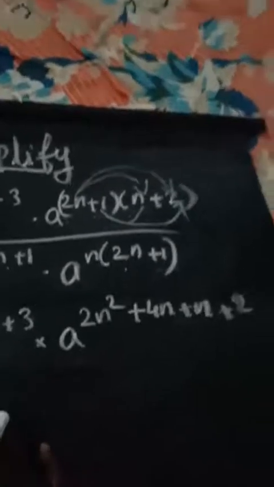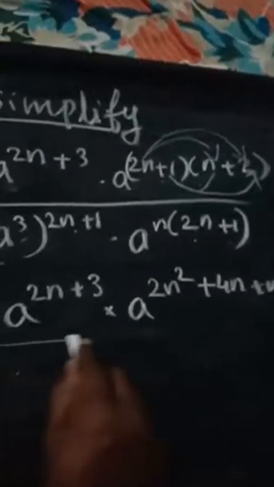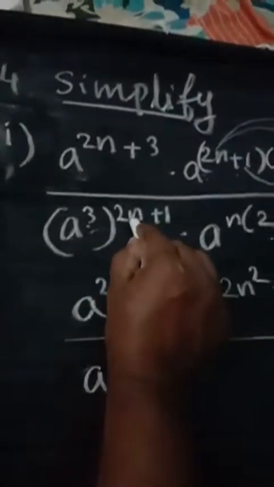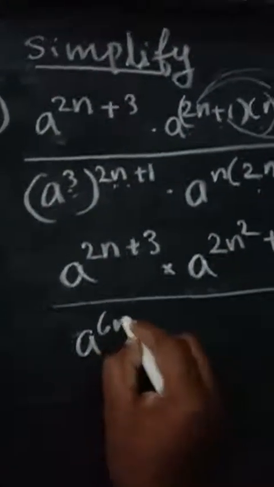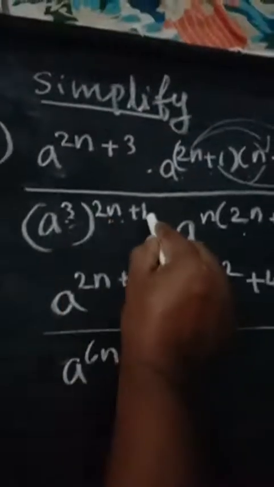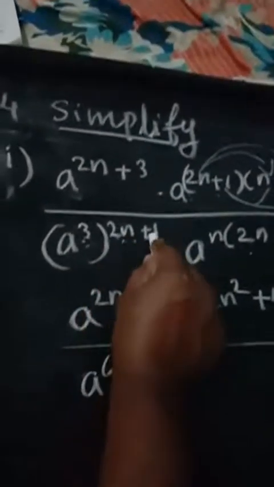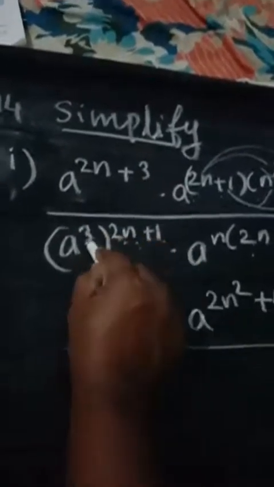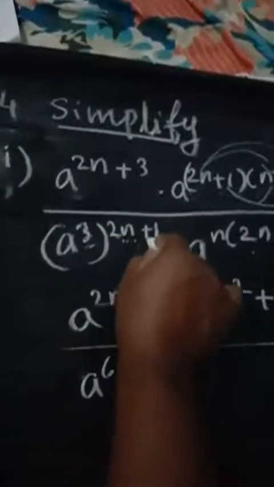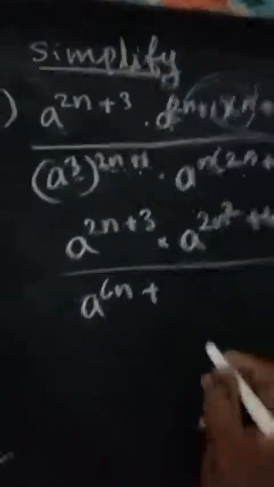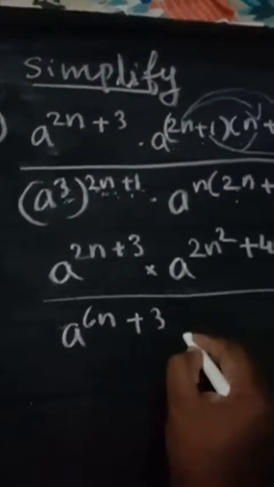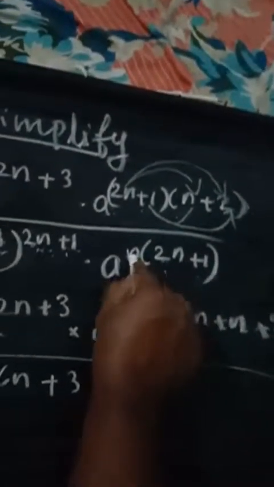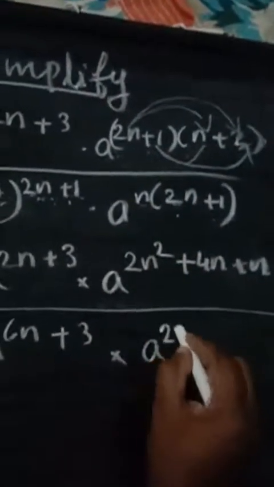Okay. Divided by a raised to 3 into 2n plus 1, that is 6n plus 3 into 1. This 2n plus 1 is the whole for both, 3 into 2n, 3 into 1. Okay, so 3 into 1, and a raised to n into 2n plus 1. What is n into 2n? 2n square.